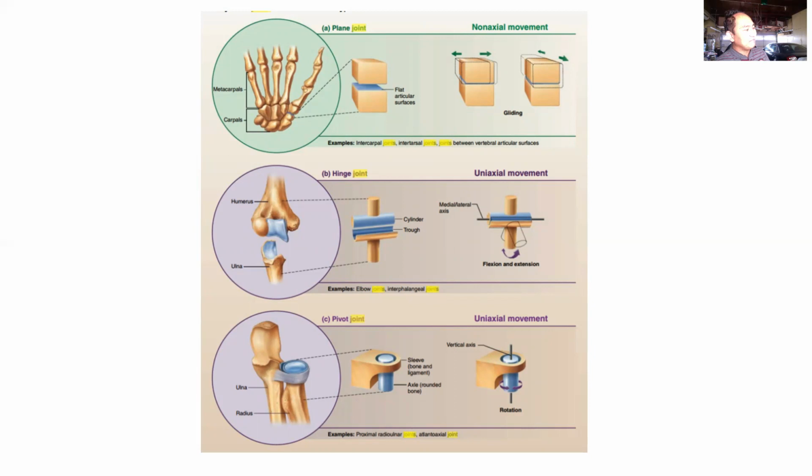Your elbow can flex and extend, and that's it. Pivoting, so rotating on one another, is your proximal radioulnar joint. Proximal at the upper end, radioulnar, the radius and ulna bones in our forearm. So the radius bone rotates on the ulna at the proximal end. That is a pivot joint.